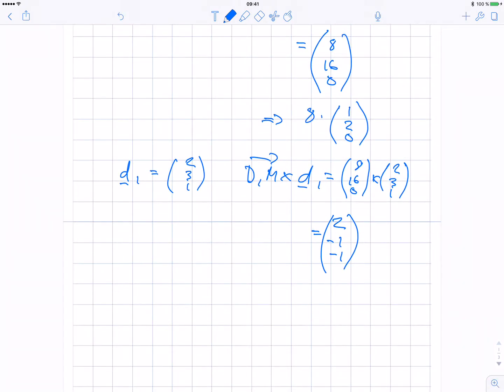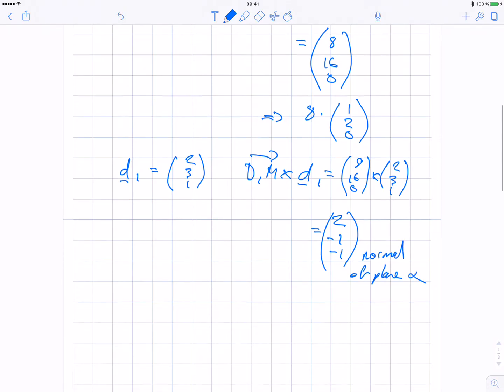So we know that this is the normal of plane alpha.